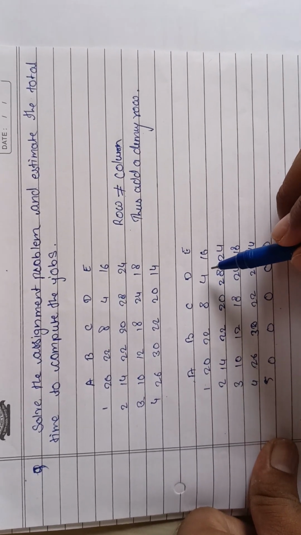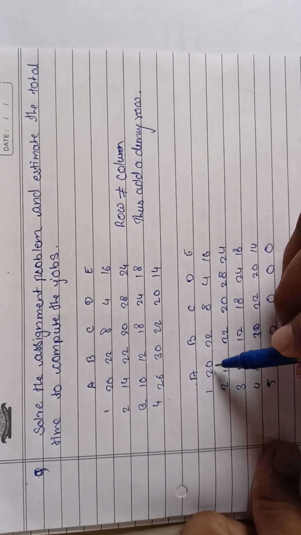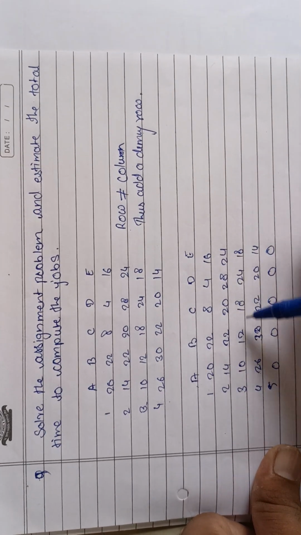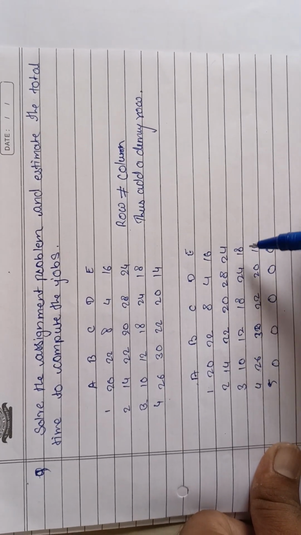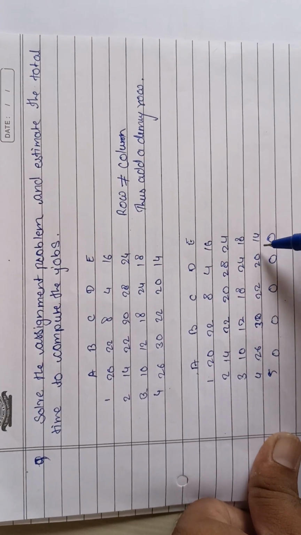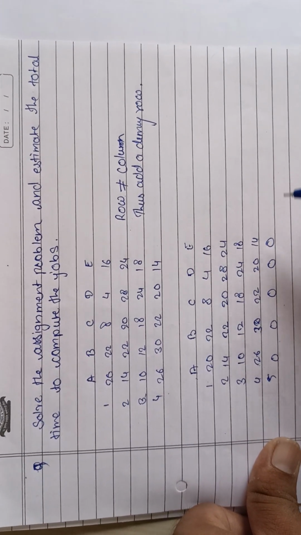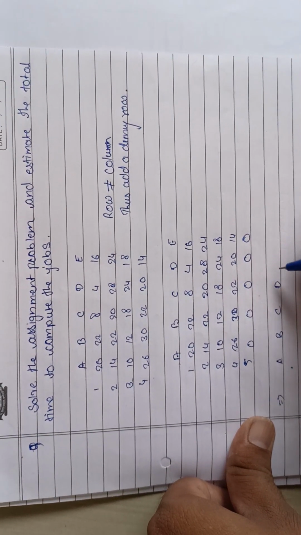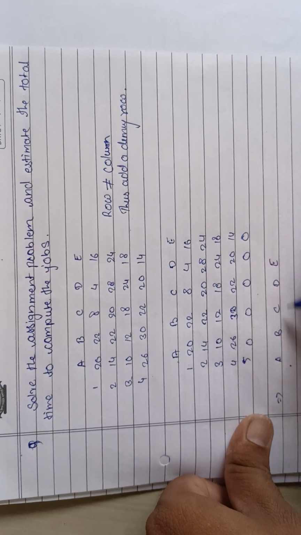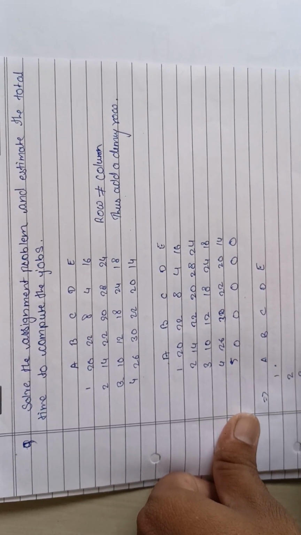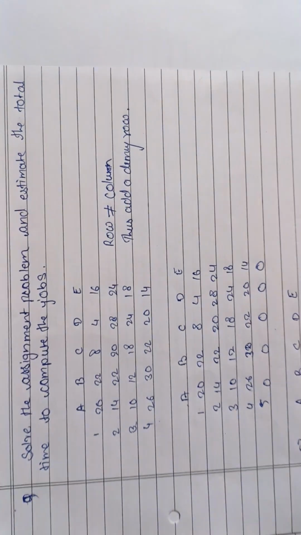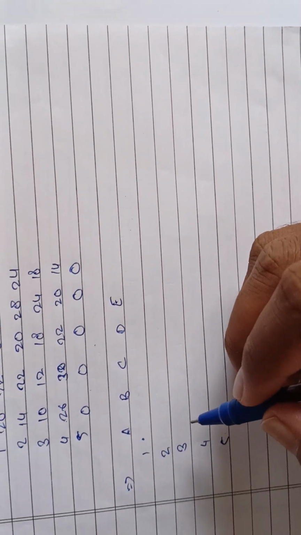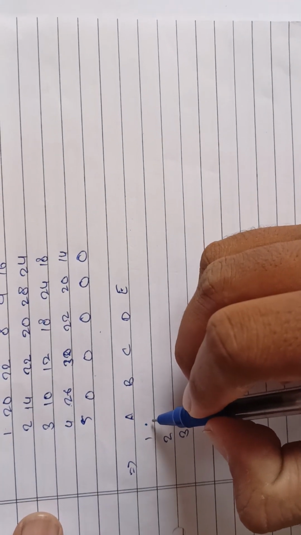So here we have the minimum as 4, so we'll subtract 4 from all the elements here. Here we have 14, so we'll subtract 14 from all of them. Here we have around 10, so we'll subtract 10 from it. Here we have 14, so we'll subtract 14, and here we have 0. So finally the matrix would be like this.